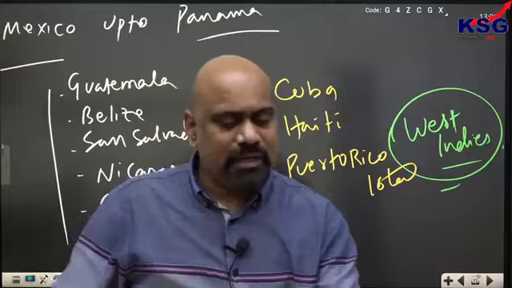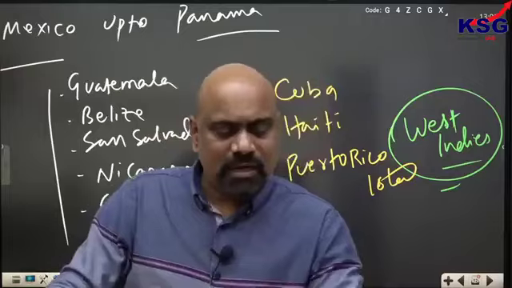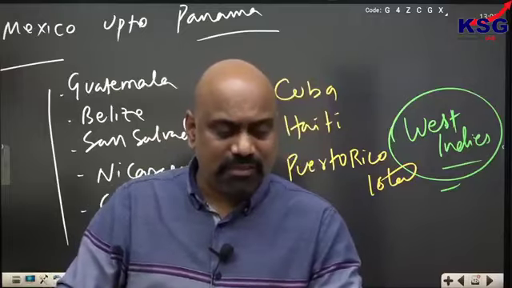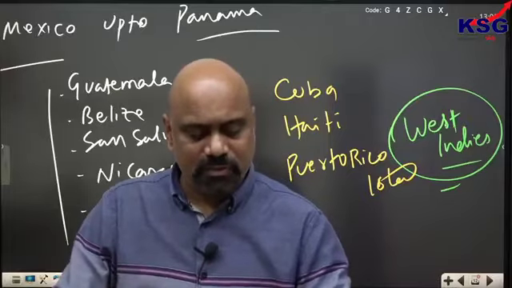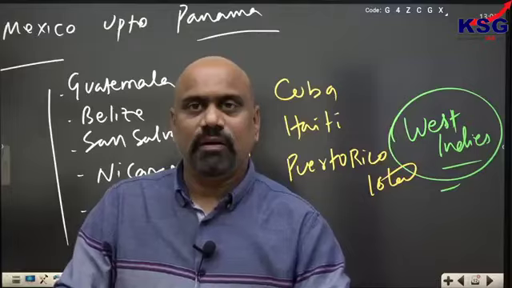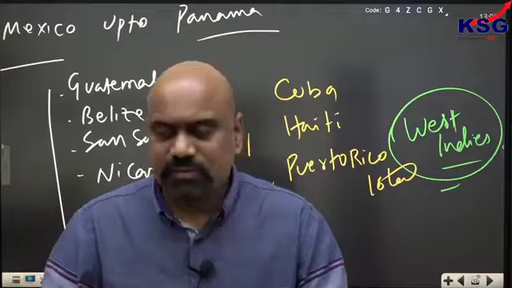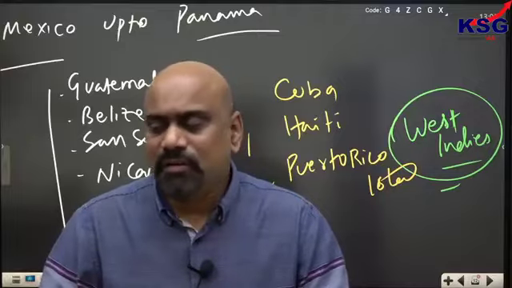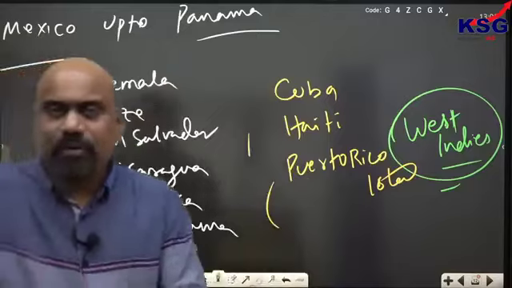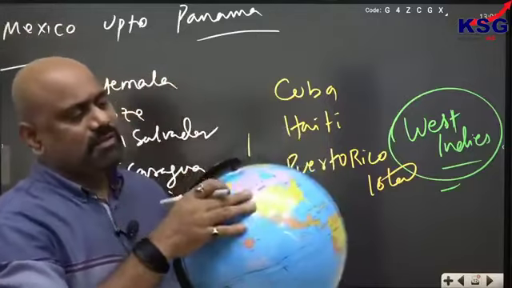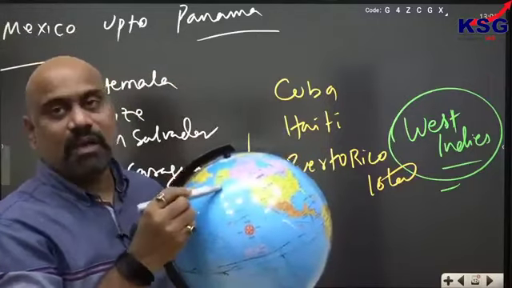What is the political orientation of Alaska? Alaska is a part of the USA. Is it accessible to global forces? No, it is only for the US. You know that they purchased it from Russia. On a globe, this particular part is Alaska.